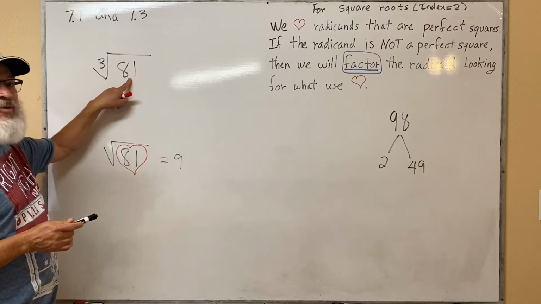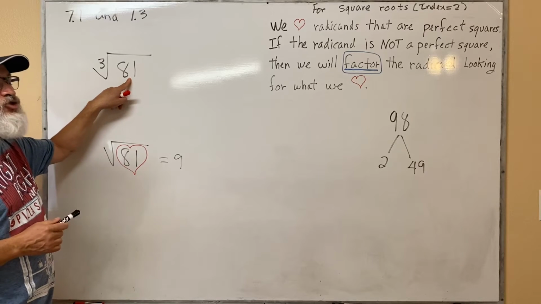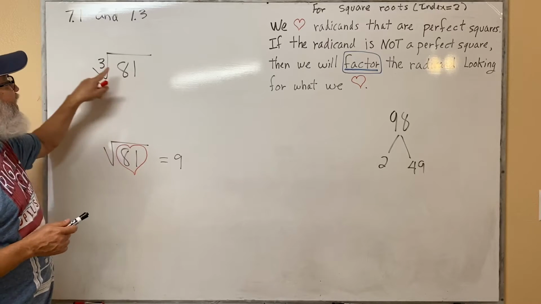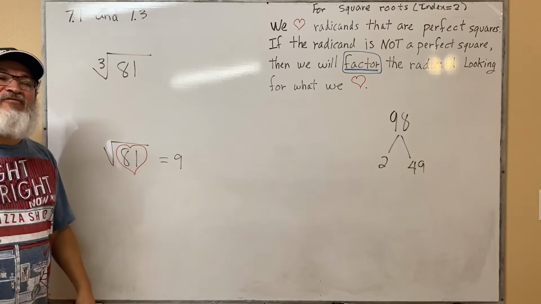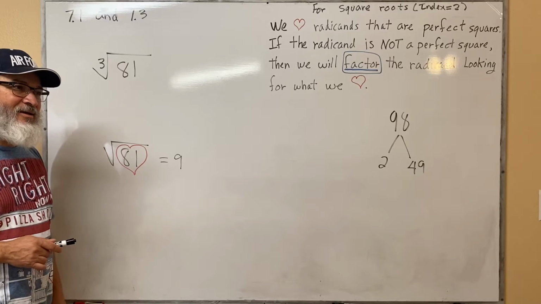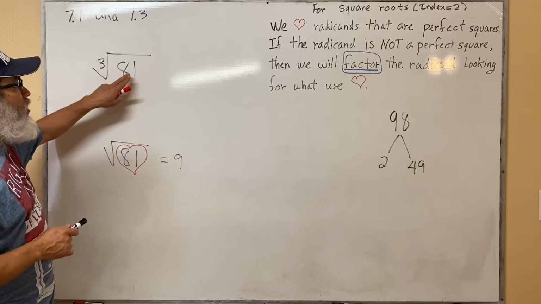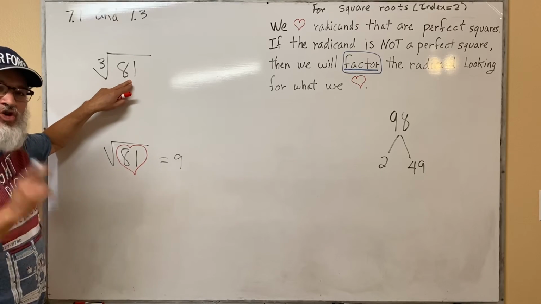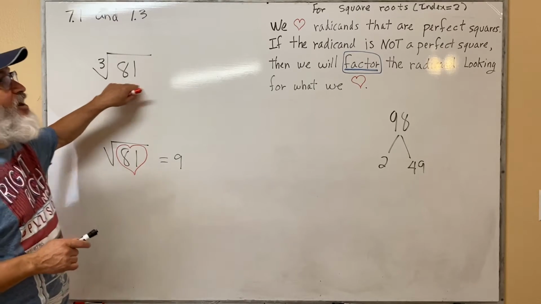I don't love the 81 anymore. I used to love the 81 when the index was 2. But if the index is 3, I do not love the 81. Because now I am no longer looking for perfect squares. I am looking for perfect cubes, but I'm still going to follow this rule.